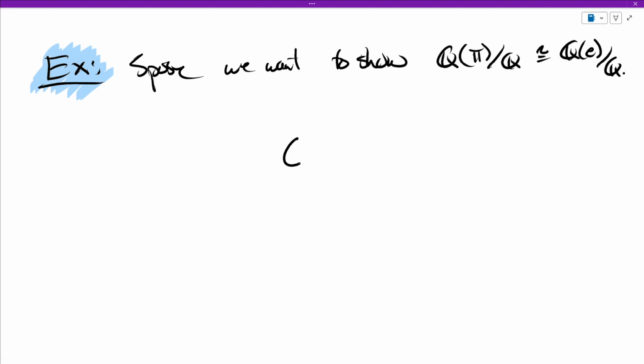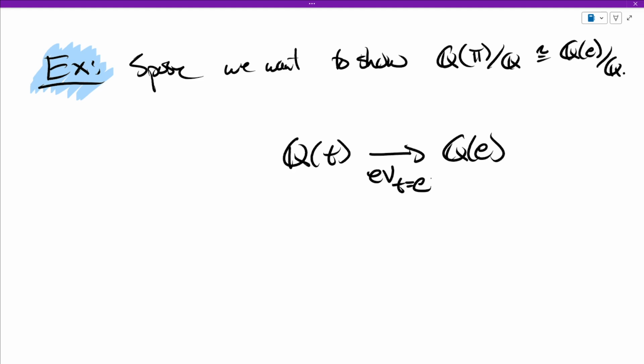Well, I know that Q adjoin t is isomorphic to Q adjoin e via evaluate t at e. I'll just say Ev sub t equals e because we have more than one thing to evaluate at. I also know that Q adjoin t is isomorphic to Q adjoin pi via Ev sub t equals pi.